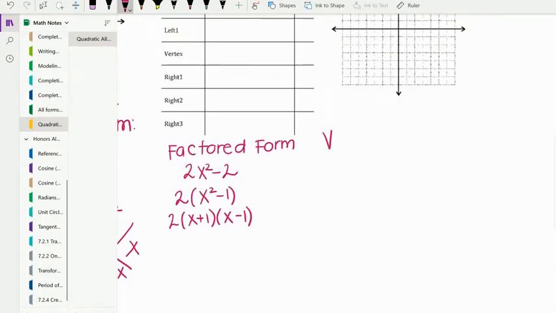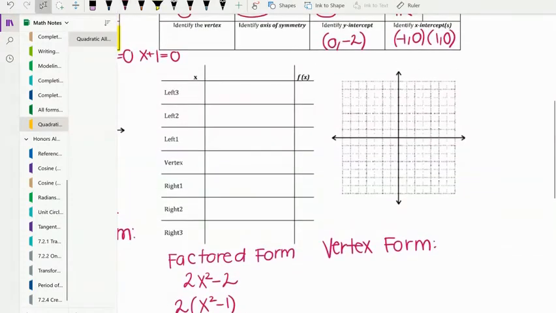Okay, so we want to put this in vertex form. So we spent 2 days on completing the square to put into vertex form. So we're going to go ahead and use that. So we have 2x squared. I'm going to go ahead and put plus 0x and then minus 2.